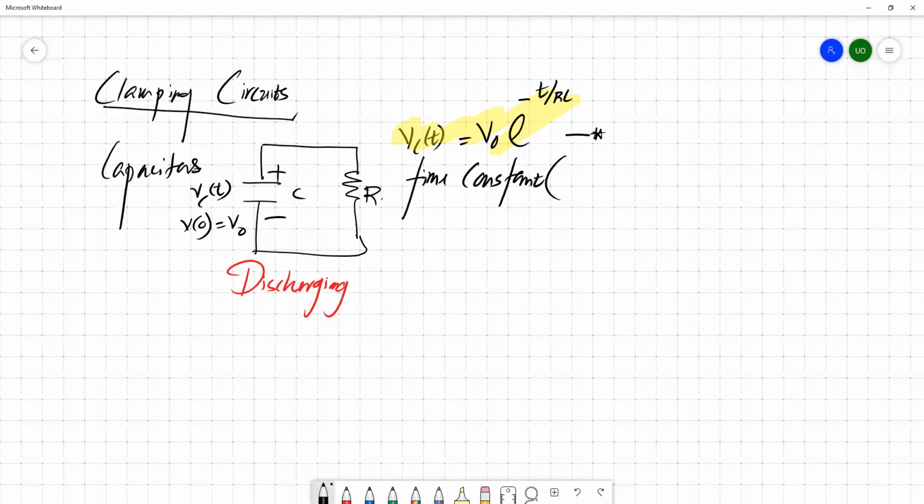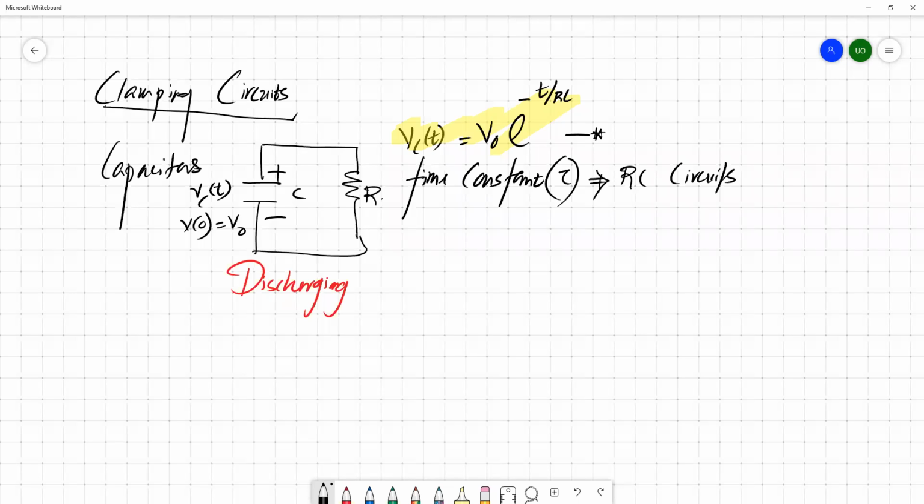This is denoted by tau. Circuits that contain resistors and capacitors are defined as RC circuits.